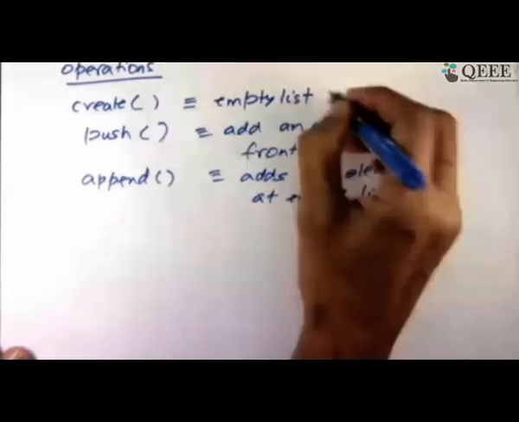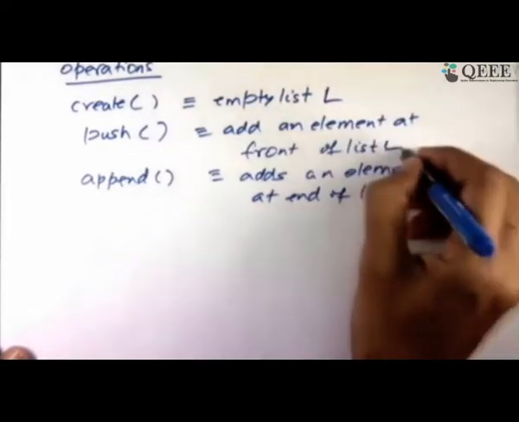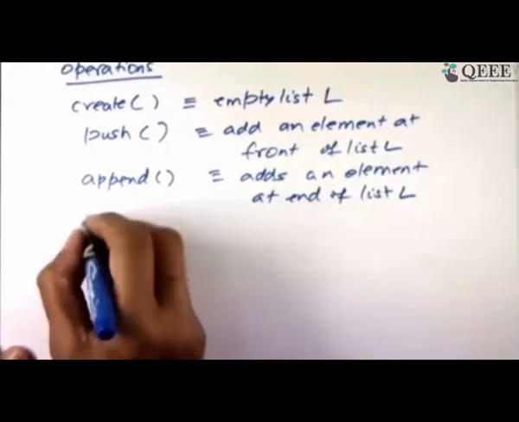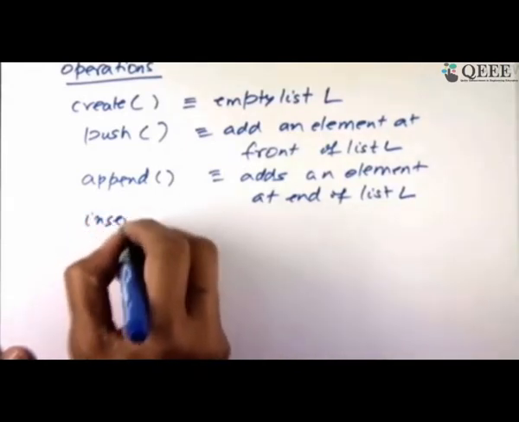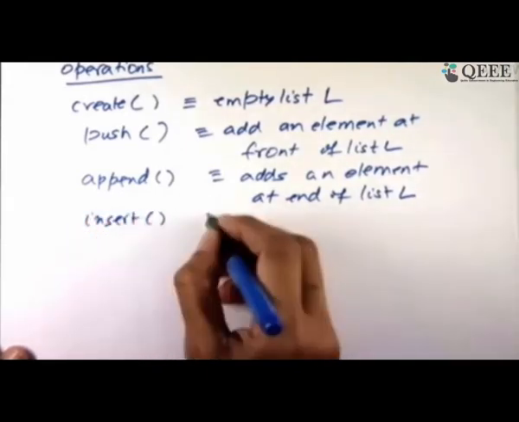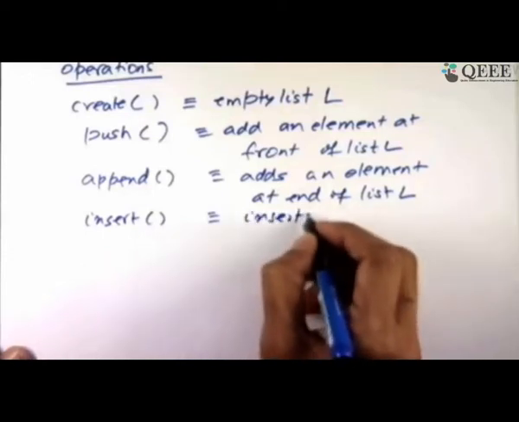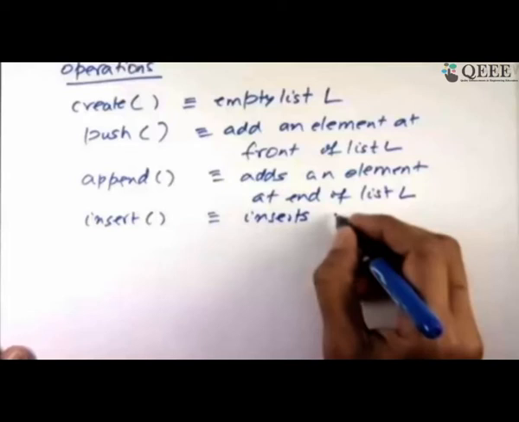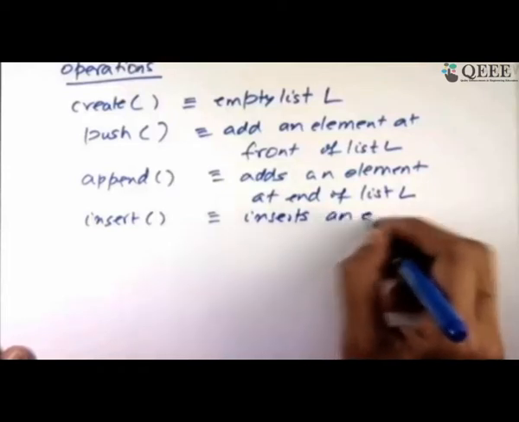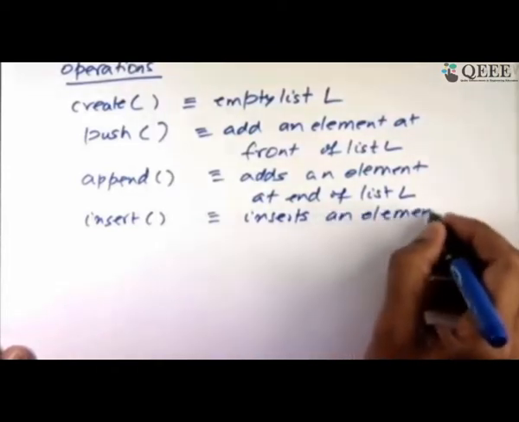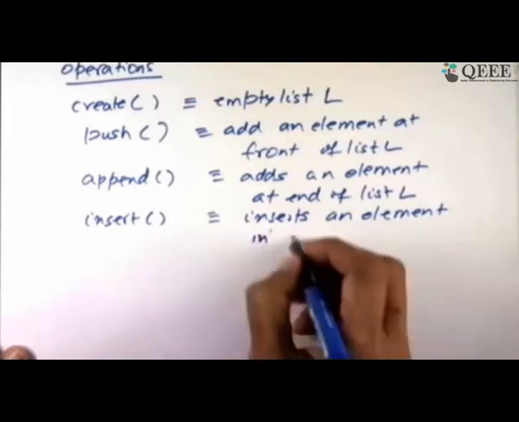Let's call the list L, so front of L, end of L. I can also keep my list sorted, so I'll create yet another operation, insert, which inserts an element in a sorted list in the right position and keeps it sorted.